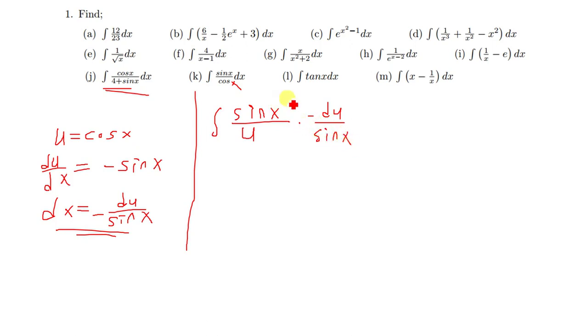We can see that this sine x and that sine x will cancel, and then we'll just remain with the negative integral of 1 over u du, which implies that we're just going to have negative ln u. The integral of 1 over u is ln u, and then plus c.